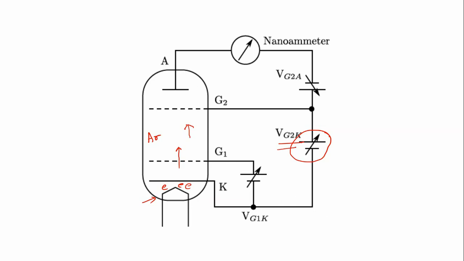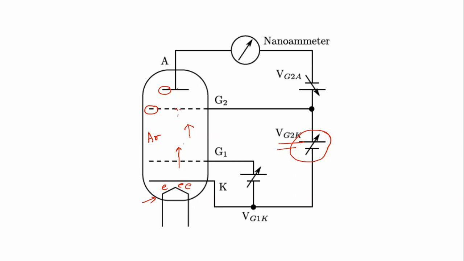Now the anode is kept at a slightly negative potential with respect to G2, so that only when the electrons gain a sufficient amount of energy can they overcome this barrier, because there is a barrier. The anode is at negative potential with respect to this grid.